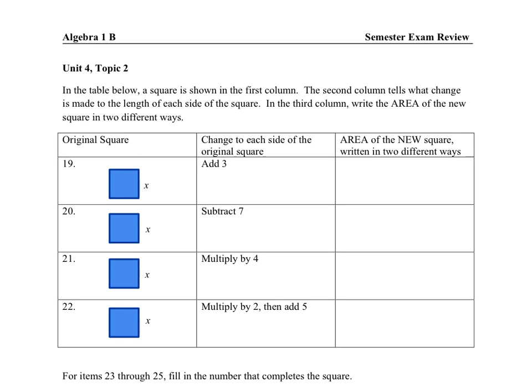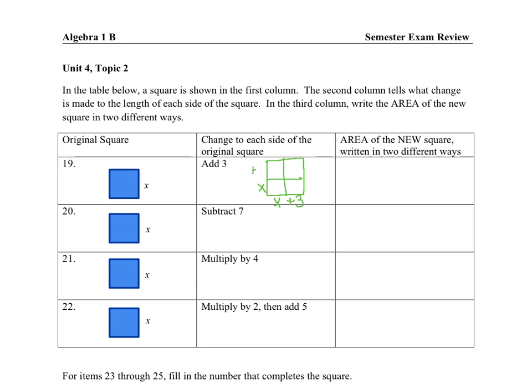In the table below, a square is shown in the first column. The second column tells what change is made to the length of each side of the square. In the third column, you're going to write the area of the new square in two different ways. So if we have our original square of side length x, what we're actually going to be doing is taking x and adding 3.